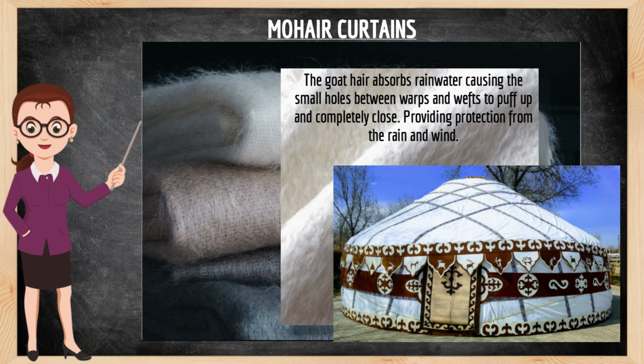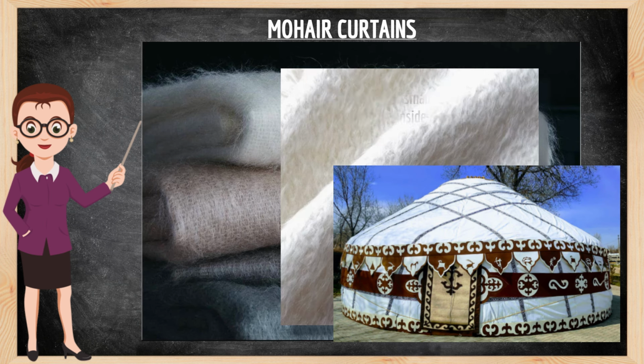The goat hair absorbs rainwater, causing all the small holes between the warps and the wefts to puff up and completely close, providing protection from the rain and wind. But on a sunny day, the small holes of the fabric aerate the inside of the tent.